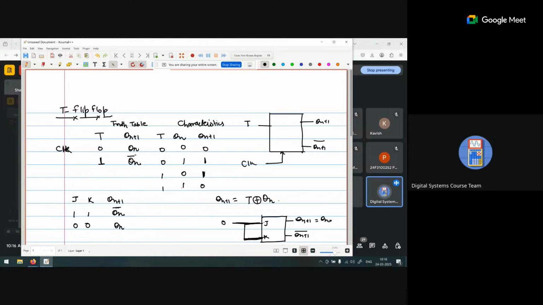When we apply 1, JK is 1 1, and we get Q n plus 1 equal to Q n bar. So from the JK flip-flop, I have also designed the T flip-flop.